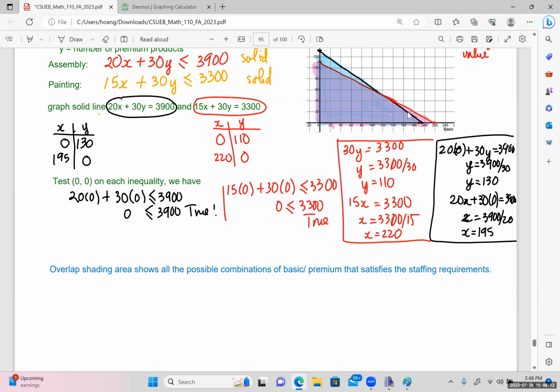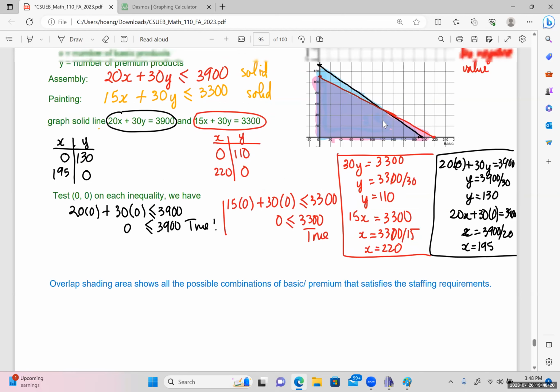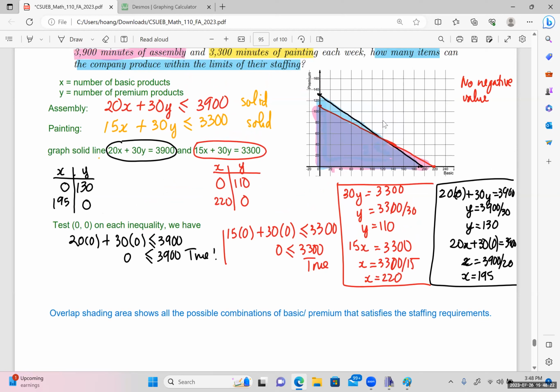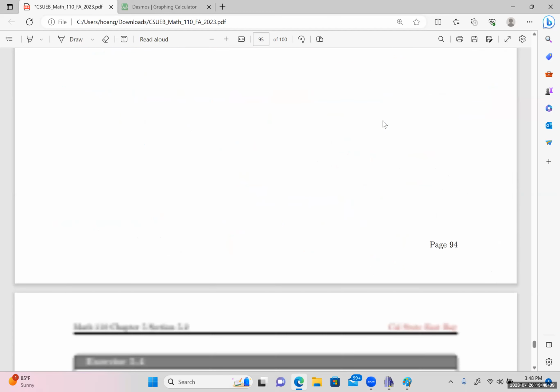This shows us all the possible combinations of the basic and premium. The thing here is we try to think about which one is the best for them to maximize the profit or maybe minimize the cost. So let's figure out what that is.